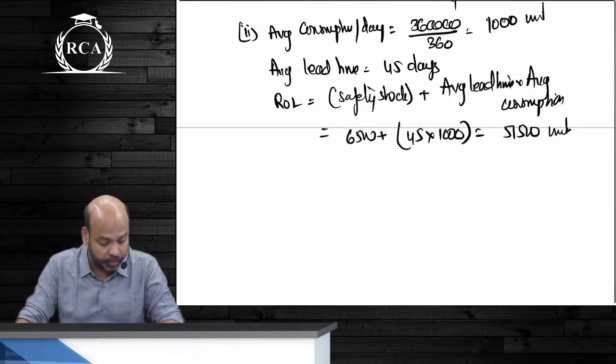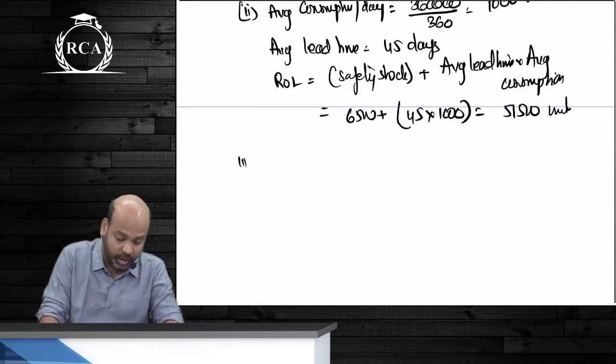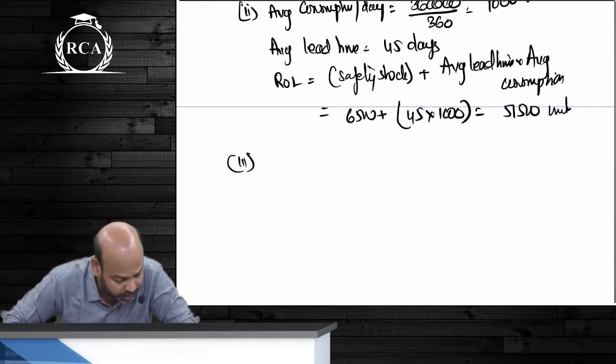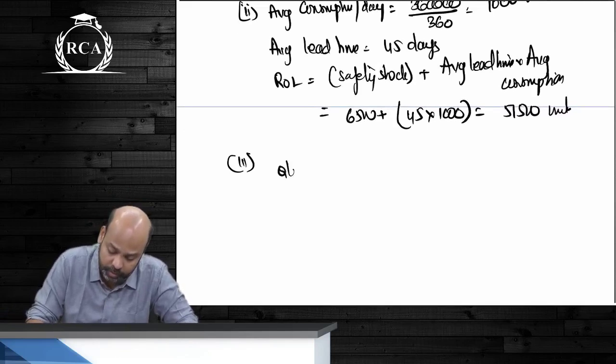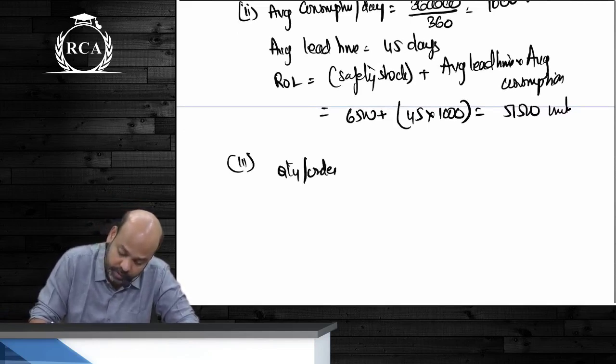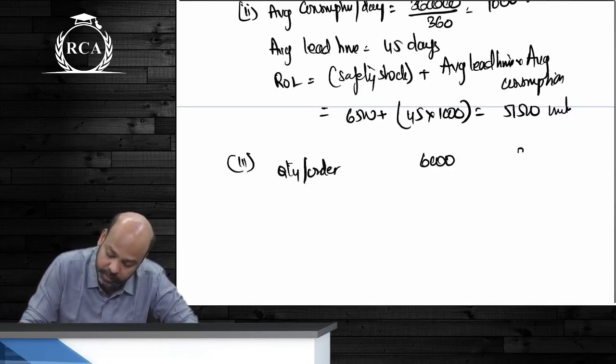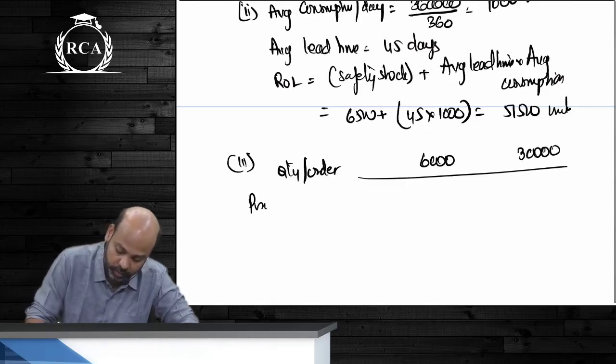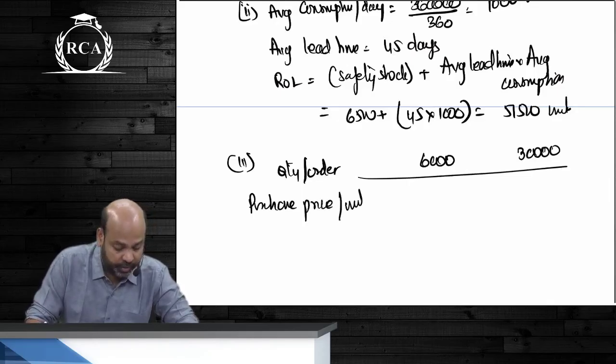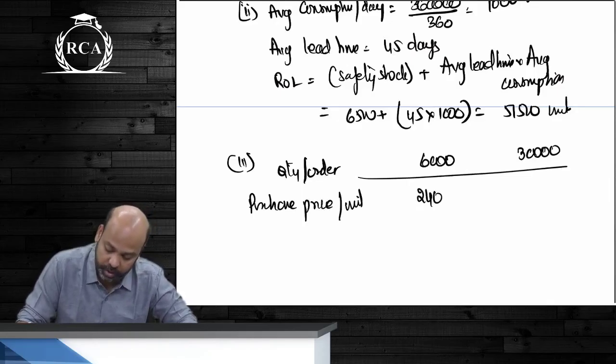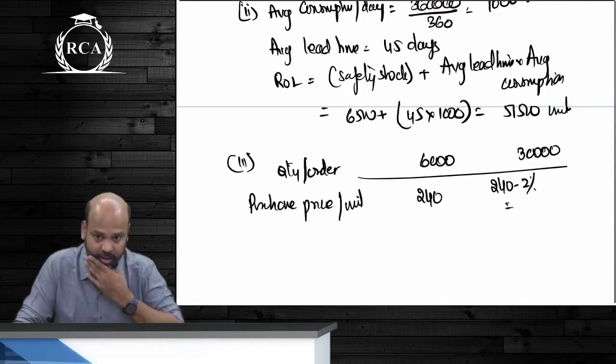Now you will have to compute the total cost at both the levels. What do we have right now? One is quantity per order, which is 6,000. The other one is 30,000. Purchase price per unit is 240 rupees, and here, on 240 we will get a discount of 2%, guys. 4.8 comes.